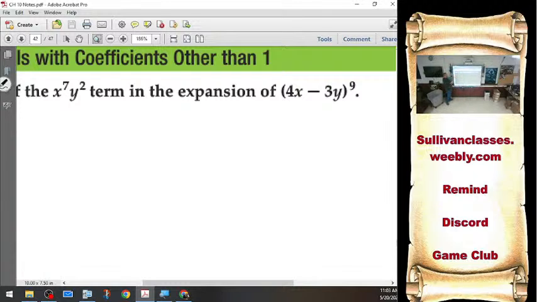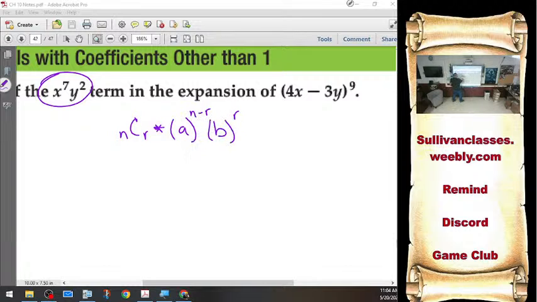They said find the coefficient of, we're going to find the whole term anyway, this term. Well, the nice part about that, remember, nCr times a to the n minus r, b to the r. Well, if they said find the coefficient of the x to the 7th, y to the 2nd term, they're telling me those two, right?